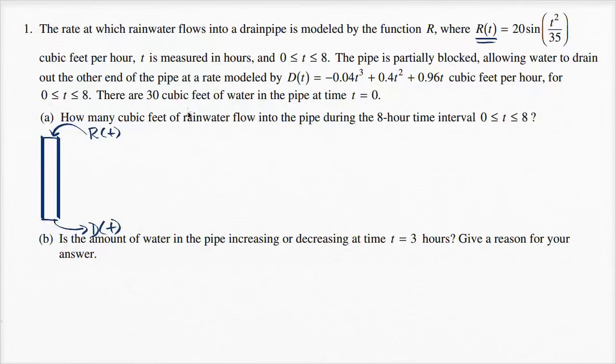They're asking how many cubic feet of water enter the pipe during the 8-hour time interval. This is the rate at which things are flowing in, in cubic feet per hour. If you multiply it times some change in time, even an infinitesimally small change in time, dt, this is the amount that flows in over that very small change in time.